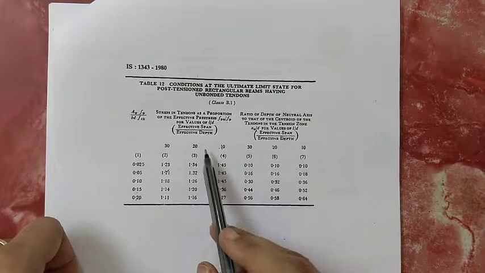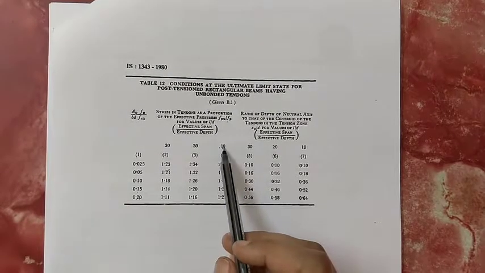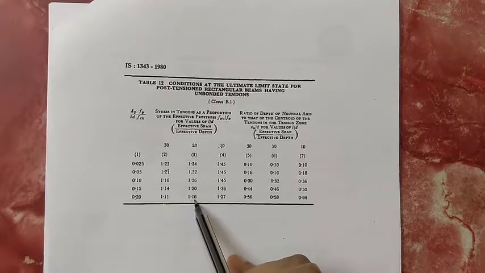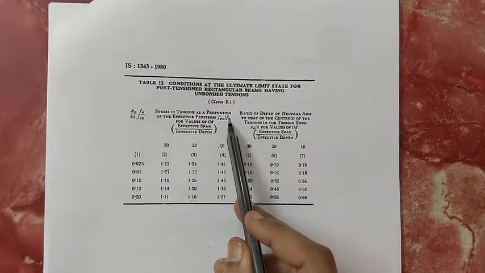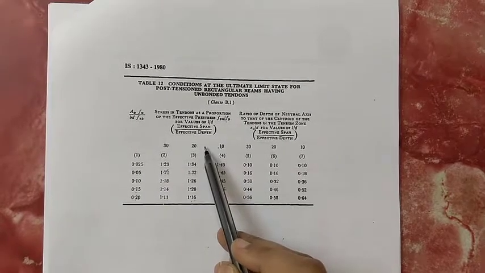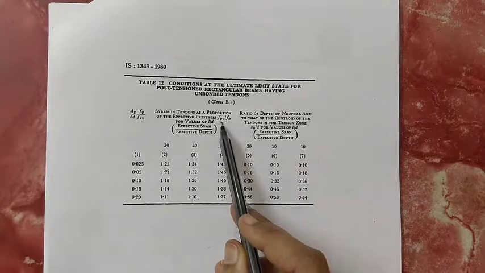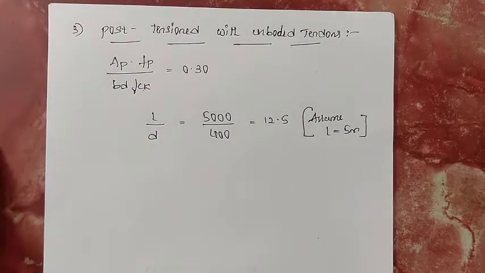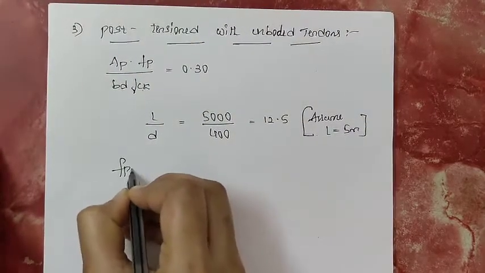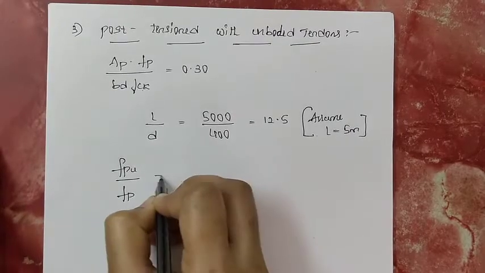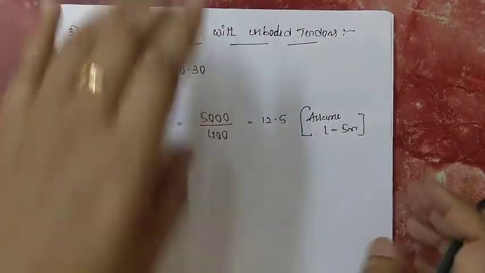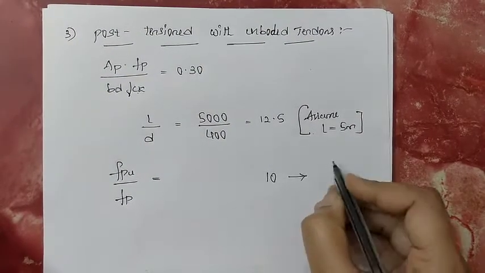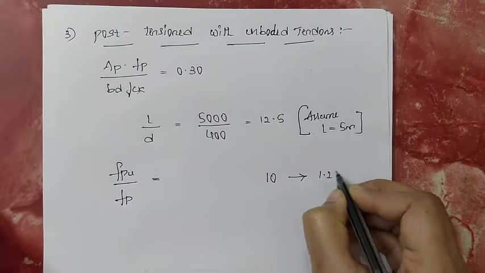Upon interpolation, see here, for 10 it is 1.27. For 20, it is 1.16. That is the FPU by FP ratio. But you want it exactly for 12.5. What is the ratio of FPU by FP? You need to interpolate it. L by D ratio obtained is 12.5. For 10, FPU by FP is 1.27.